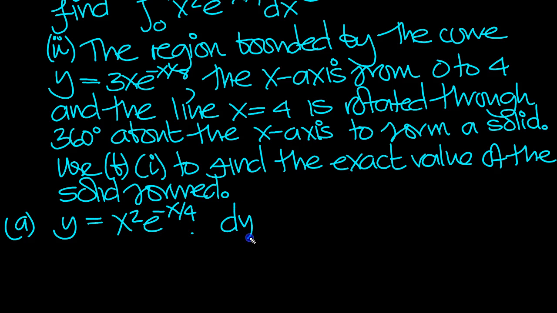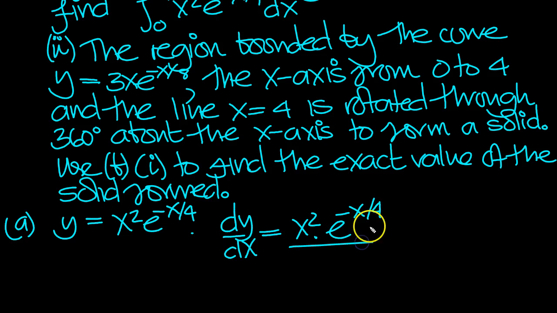So dy dx then, it's a product, so we'll use the product rule. u times the v dx is a function of a function: e to the something differentiates to e to the something, multiplied by the something differentiated, and the something differentiates to minus 1/4, doesn't it? So that's u dv plus v, e to the minus x over 4, times du, which is 2x.